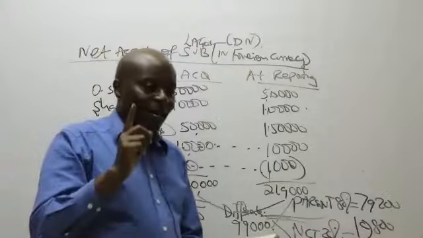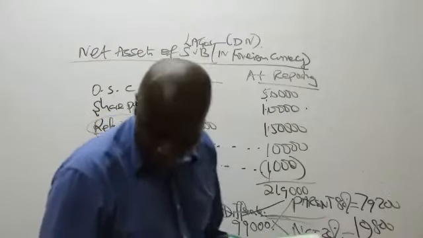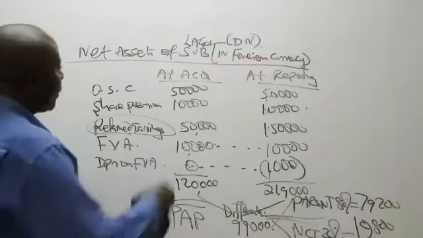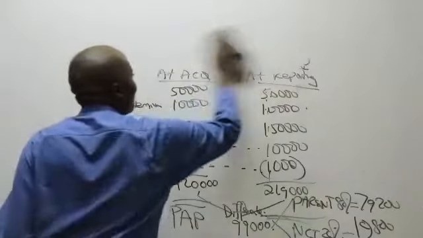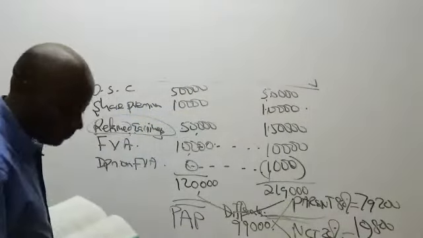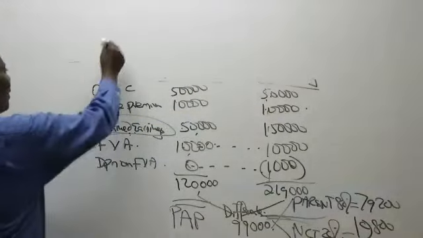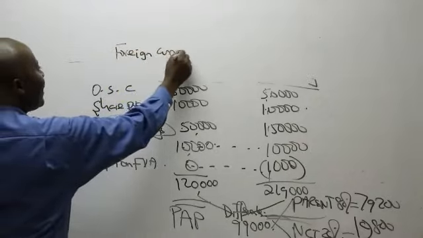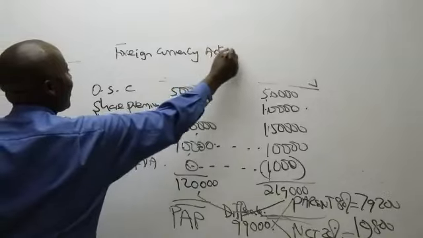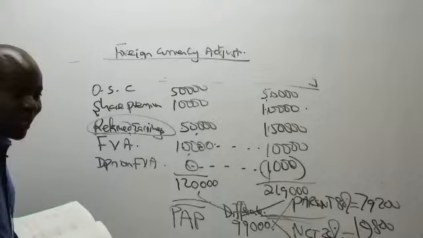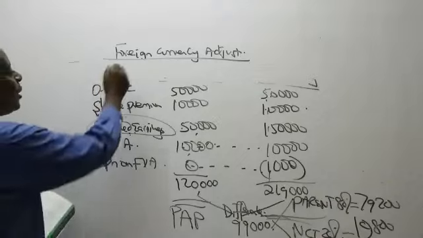Yes. Now, we have what we call the foreign currency adjustment of the net assets. This is a must. Foreign currency adjustment of the net assets. So give me the net assets at acquisition.